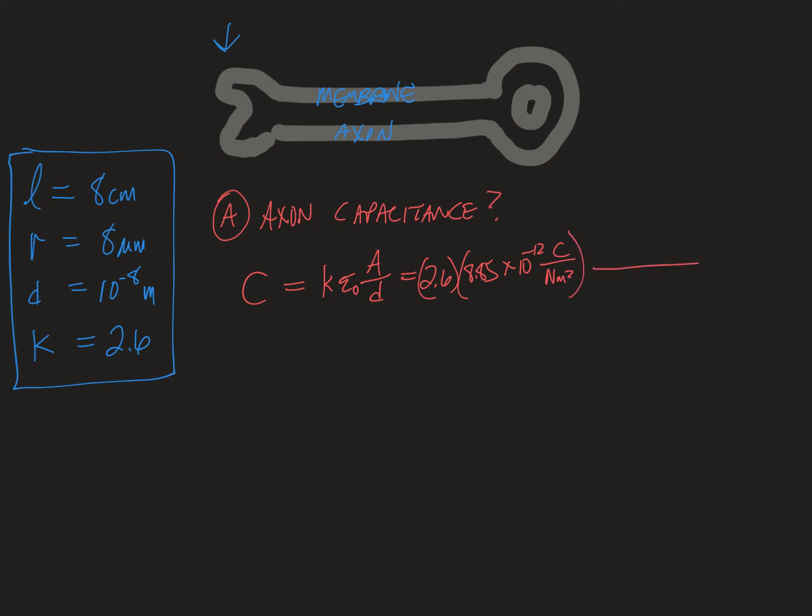And the area, okay, the cross-sectional area ends up being 2 pi, and then we're going to be multiplying the 8 micrometers and the 0.08 meter length, and then this 10 to the minus 8 meters.